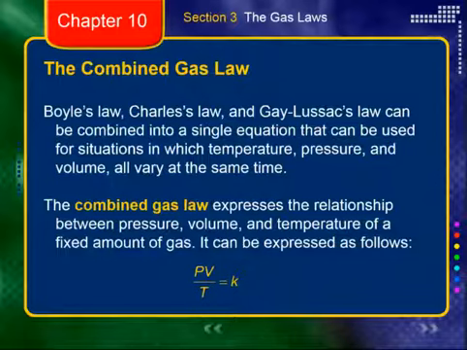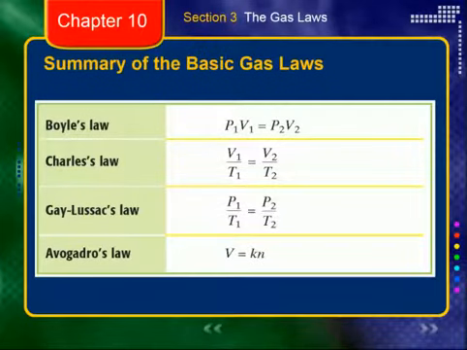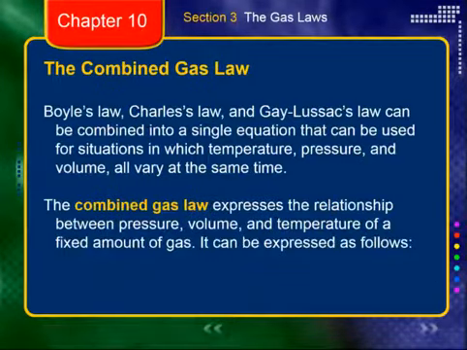So the amount of gas is not changing. If I go back to this table right here, n, remember, n represents the moles of gas present. That is not changing, right? So any change in volume is not going to come from a change in the amount of gas. It's going to come from a change in temperature or pressure.